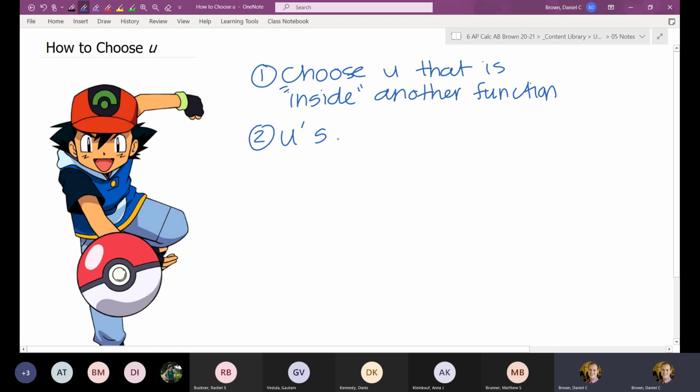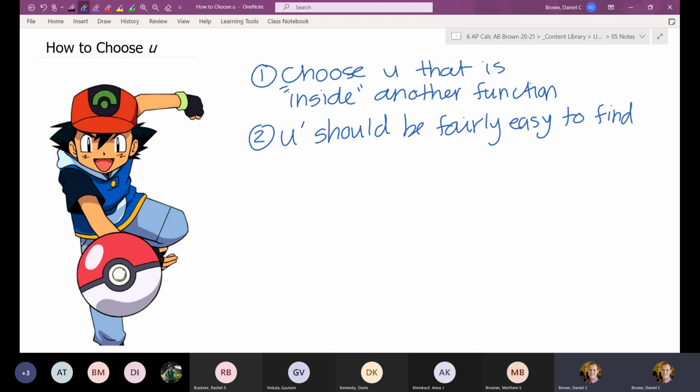Other things you're looking for, u prime should be fairly easy to find. Again, the whole idea with this is it should be simplifying your problem. So u prime is a derivative. If you're taking the derivative and it's some weird complicated product rule with the chain rule, then you probably chose the wrong u because you're making the problem more complicated instead of simpler.